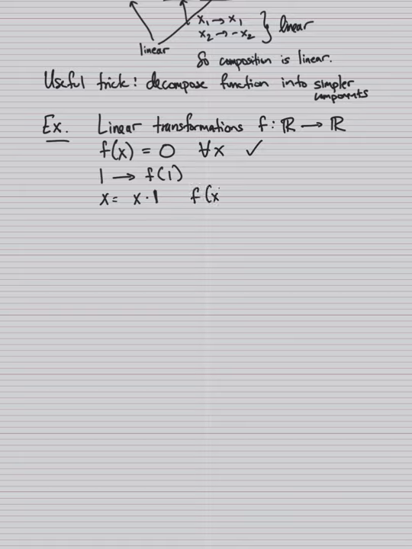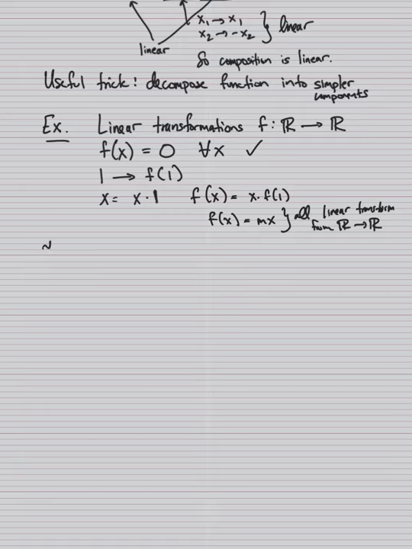Then f of x is x times f of 1, by being linear. So you just get functions f of x is mx. Not surprisingly, these are all the linear transformations from R to R, just multiplying by a scalar.